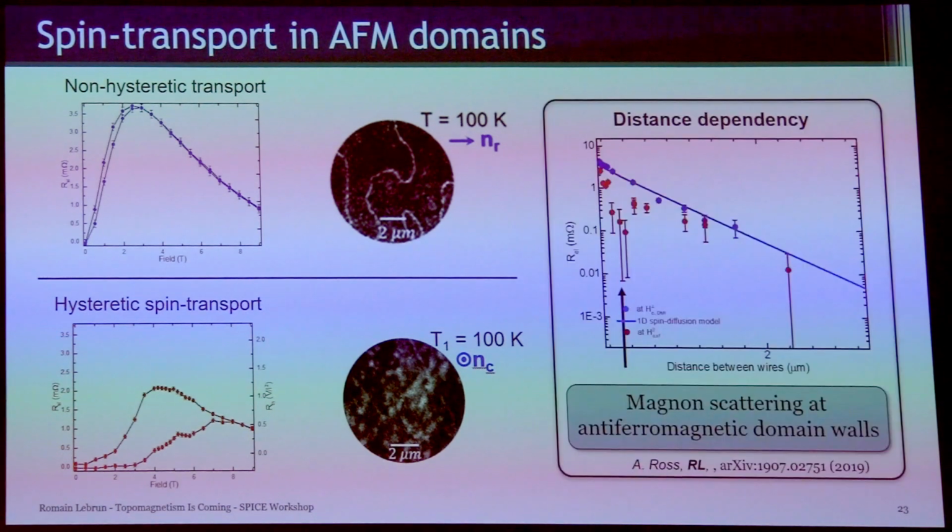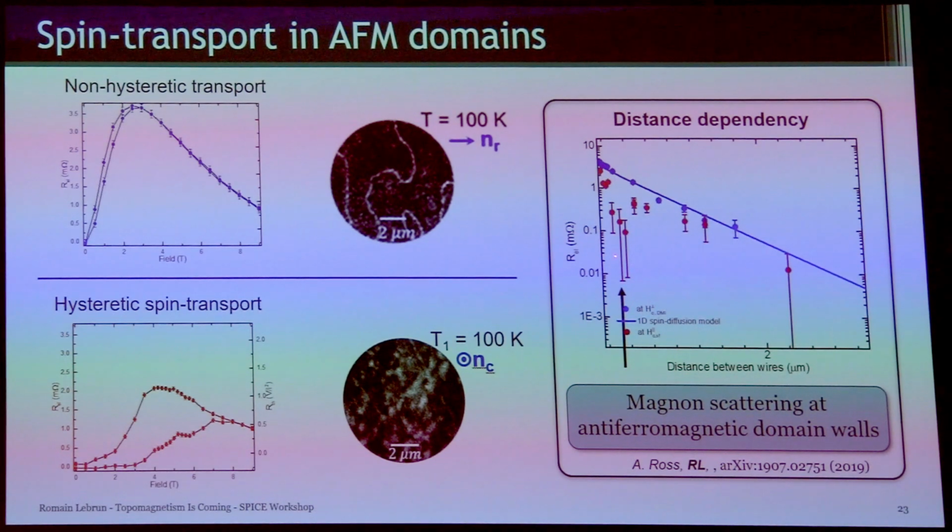And what is even more interesting is that if we then study the amplitude of the signal as a function of the distance between, again, the platinum injector and the platinum detector, this is what we observe. In the case where we have large magnetic domains, we first observe a linear decay and then an exponential decay, and we can easily fit that again with a 1D spin diffusion model. When we have a multi-domain state, it's completely different.